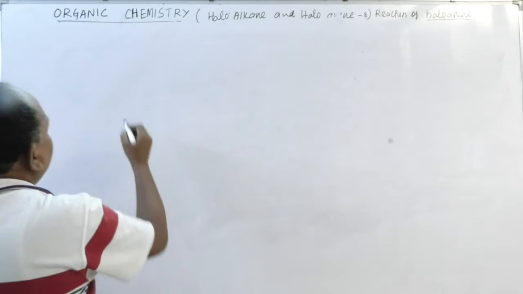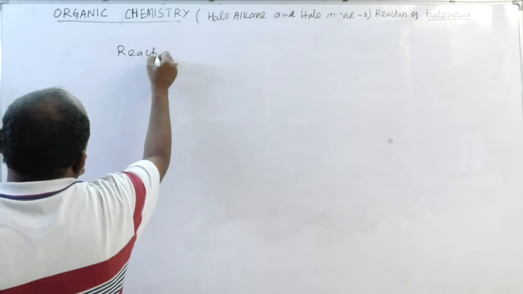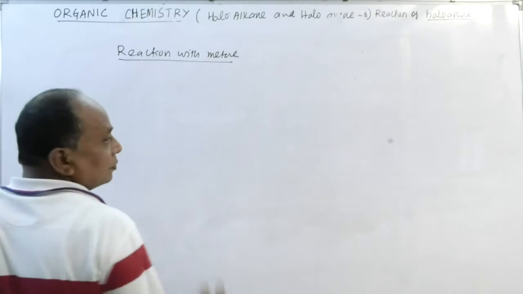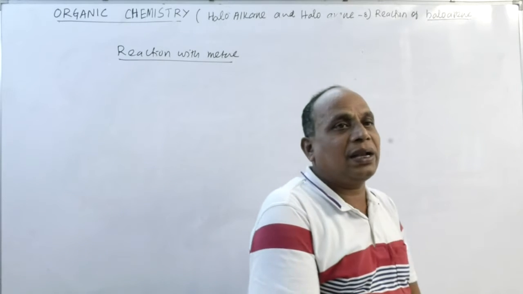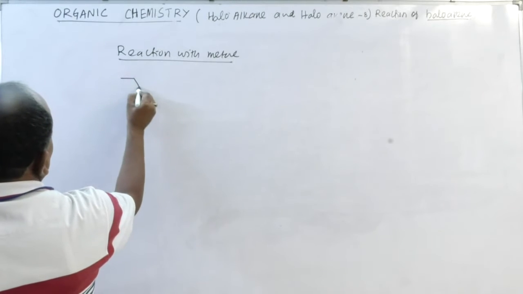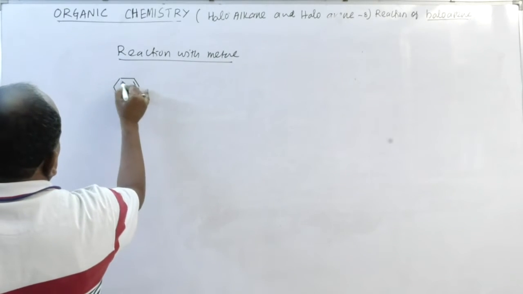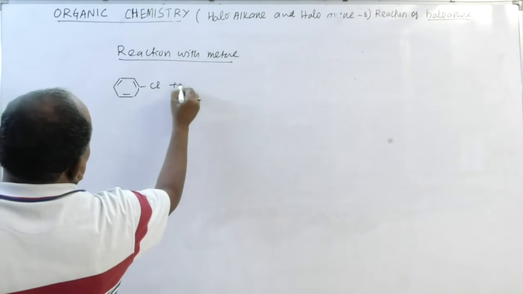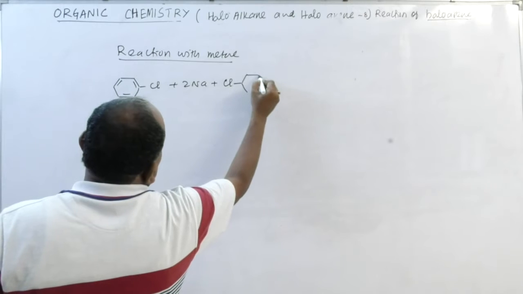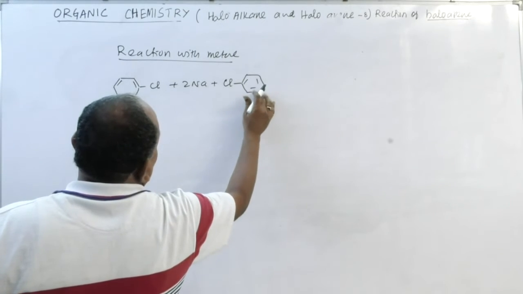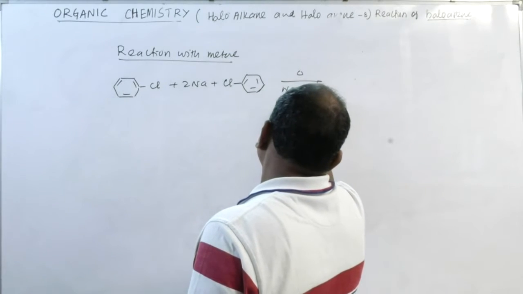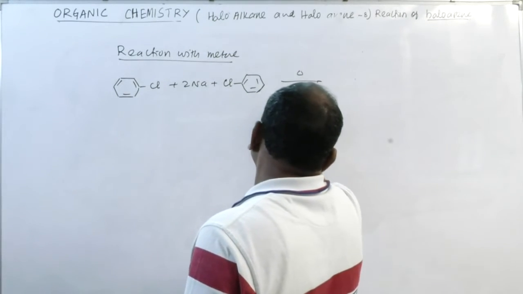In reaction with metals, first come to the reaction with sodium. Two molecules of chlorobenzene react with two atoms of metallic sodium. You heat this in dry ether.